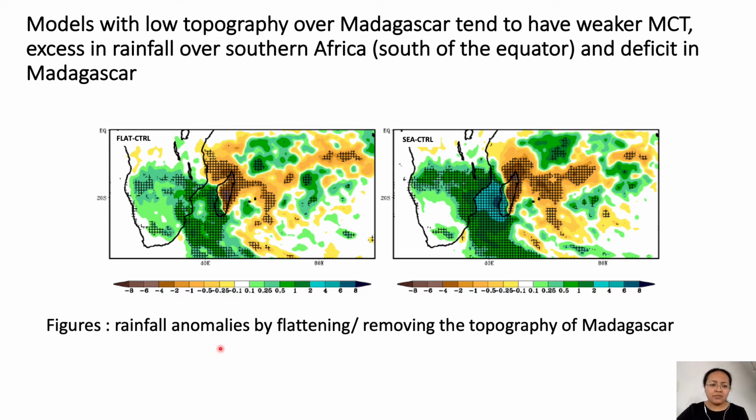So the two figures I'm showing here are the mean rainfall anomalies in two experiments: by flattening the topography of Madagascar on the left and by removing the topography of Madagascar on the right. Flattening or removing the topography led to excess rainfall over mainland Southern Africa and deficit rainfall over Madagascar.